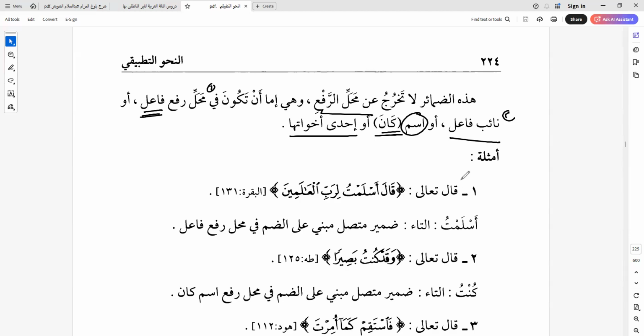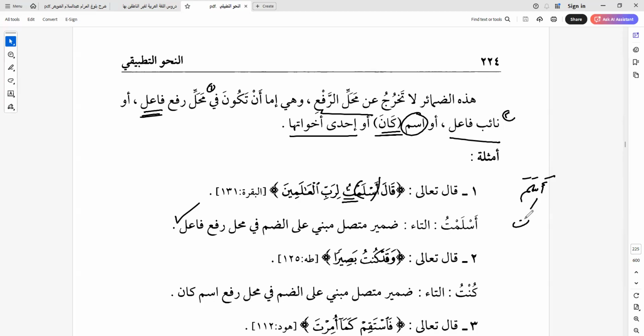So let's look at أمثلة في القرآن. قال أسلمت لرب العالمين. قال أسلمت. أسلمت تاء ضمير متصل مبني على الضم في محل الرفع فاعل. So أسلم is a فعل الماضي.